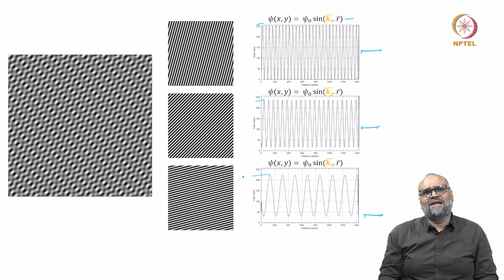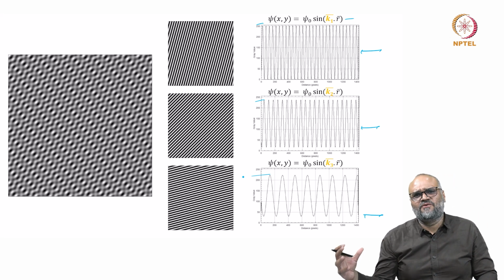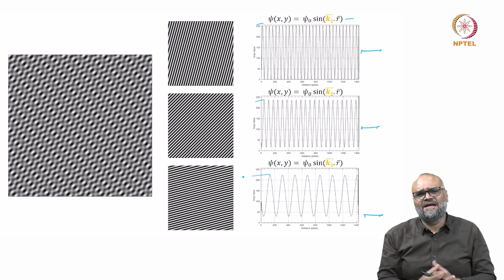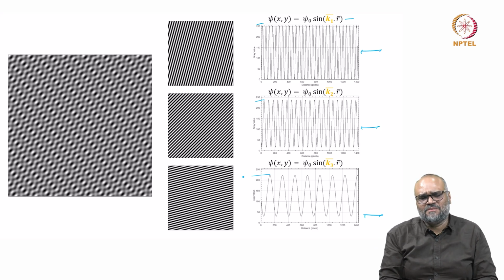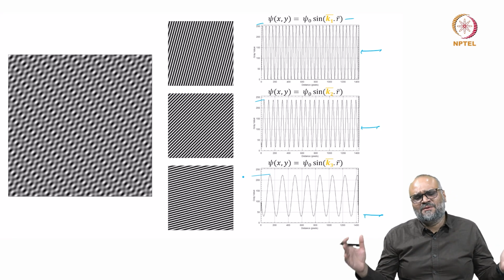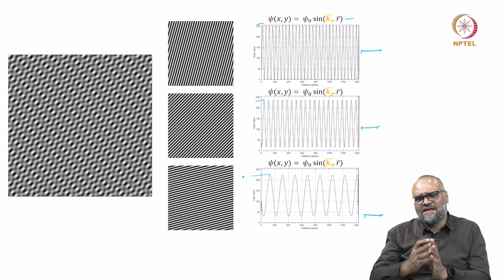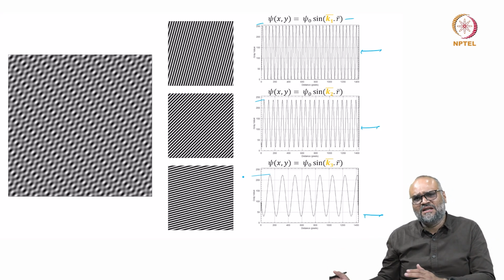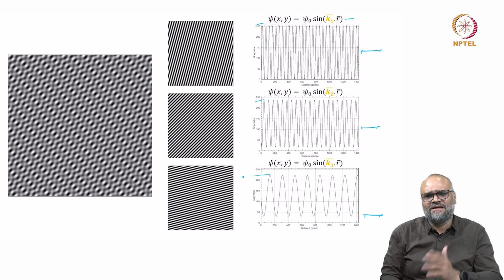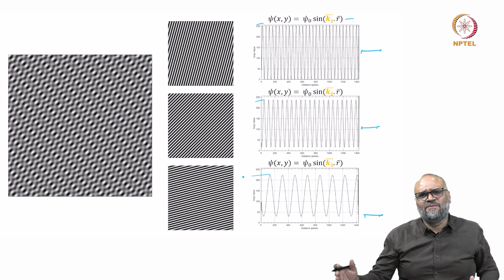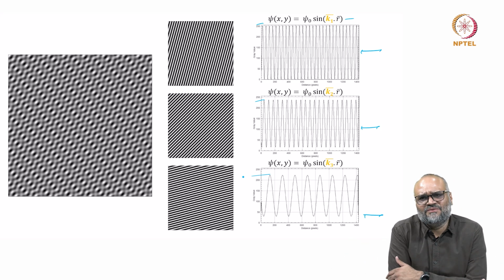And when I take the information at the back focal plane, what I get is a Fourier transform. And within an imaging system, within a microscope, if I go from the back focal plane again to the image plane, I do an inverse Fourier transform on the back focal plane, and I get the information recorded on the recording device.